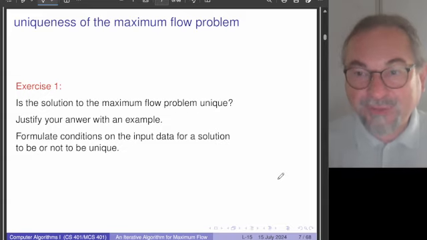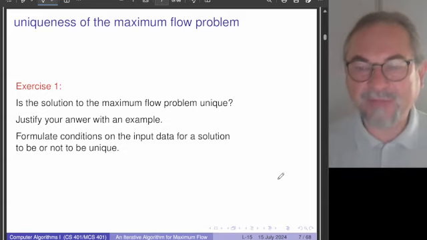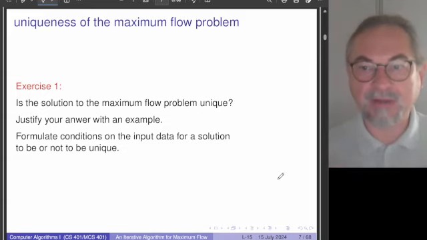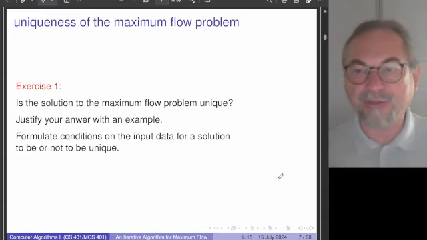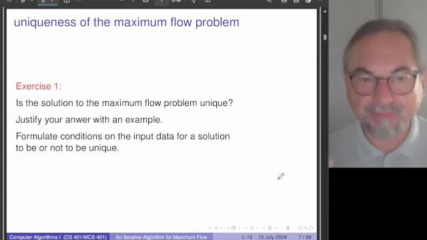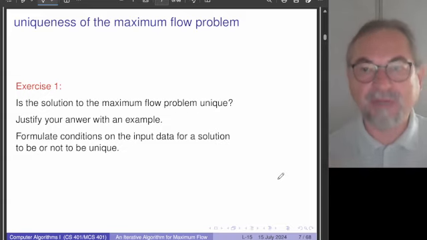Now, on the other extreme, if you have capacities that are all one, then you should come up with an example where there are many assignments of flow to the edges that have the same maximum flow. First of all, what does maximum flow uniqueness mean?